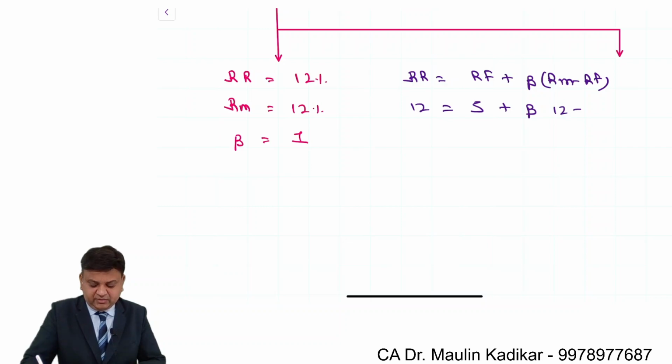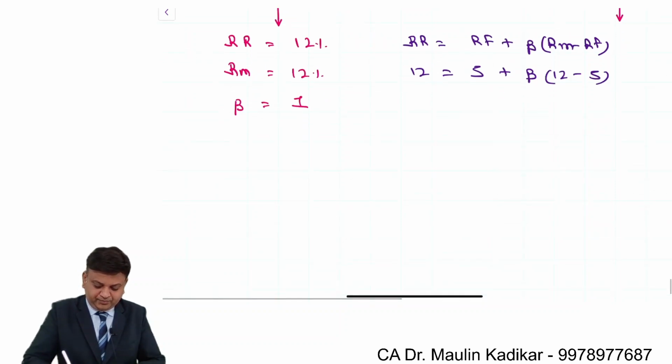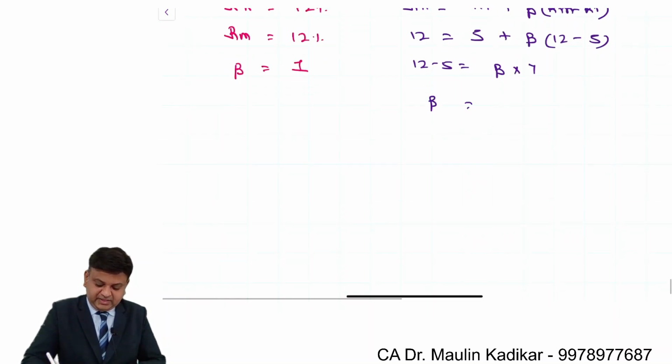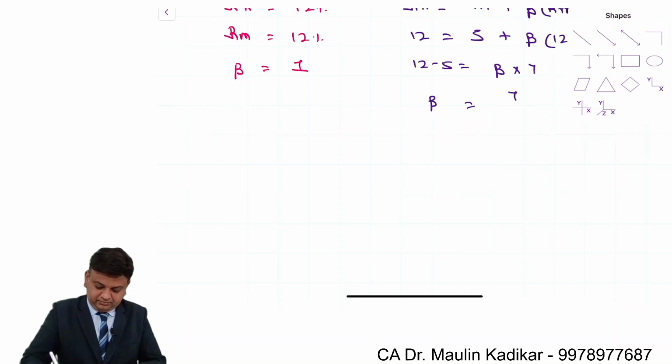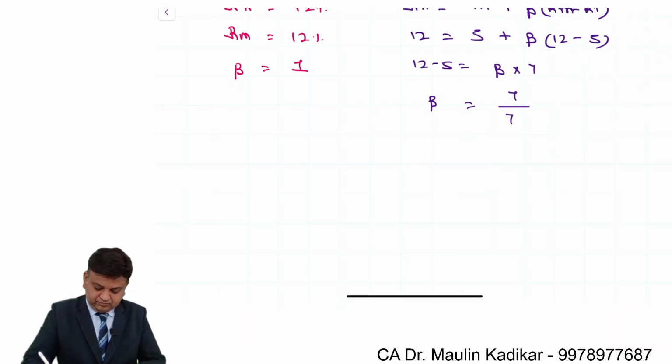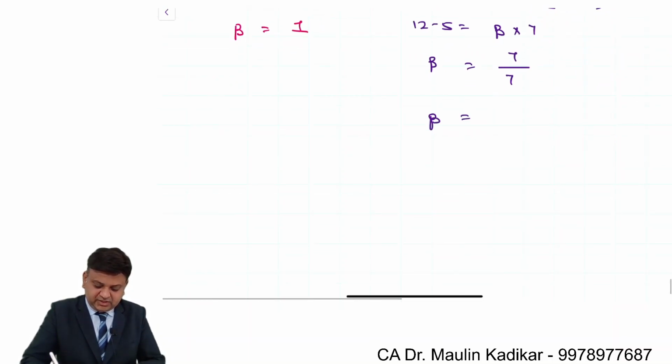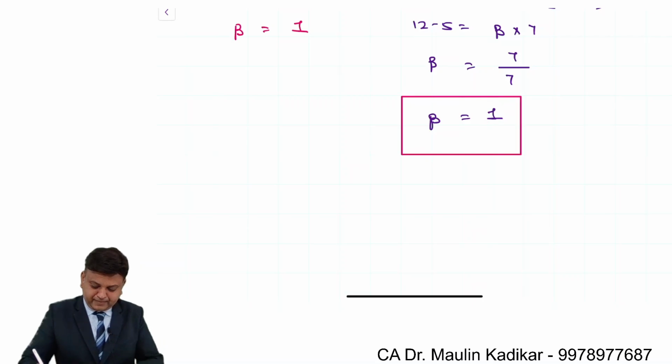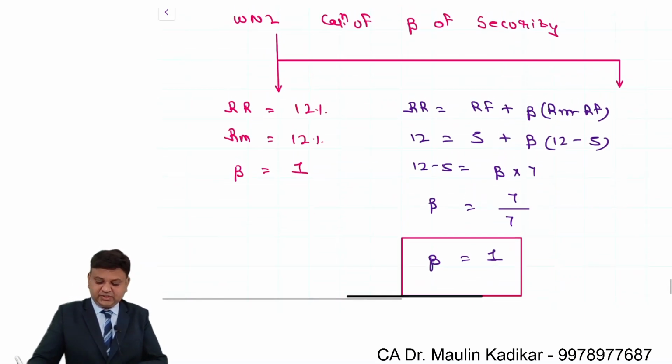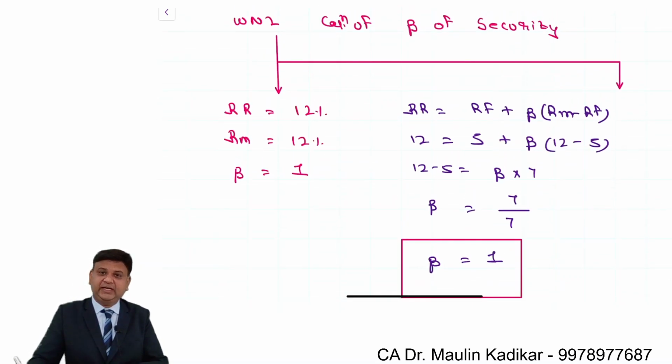RM is again 12, RF is again 5. So 12 minus 5 is equal to beta into 7. So beta is equal to 7 upon 7. So beta of the security is 1. This is the way we can compute the beta of the security.